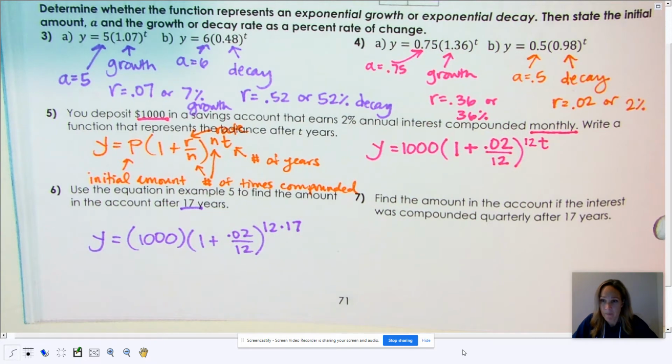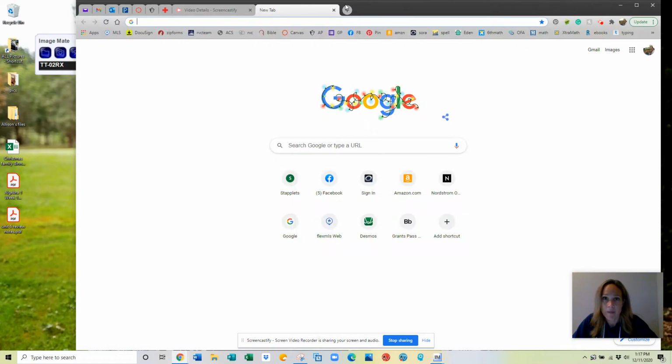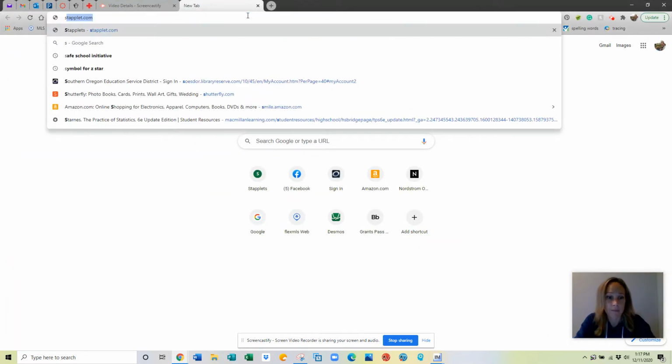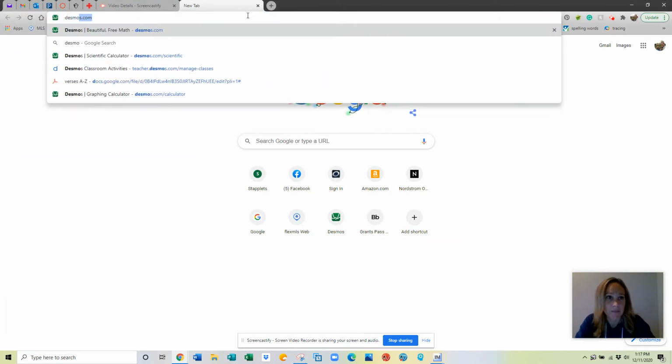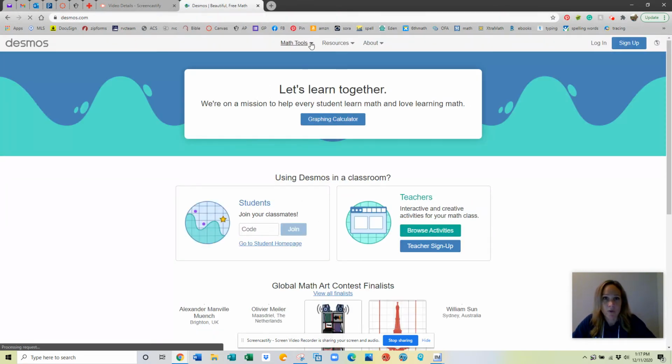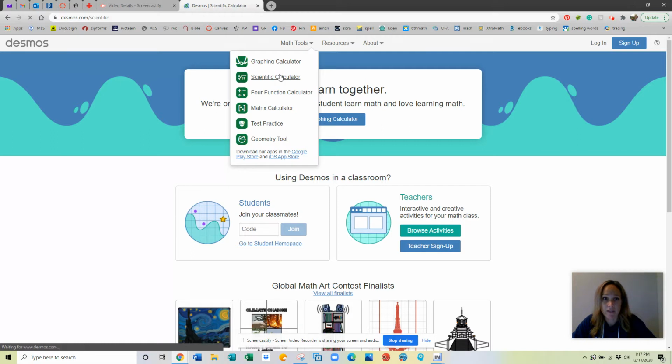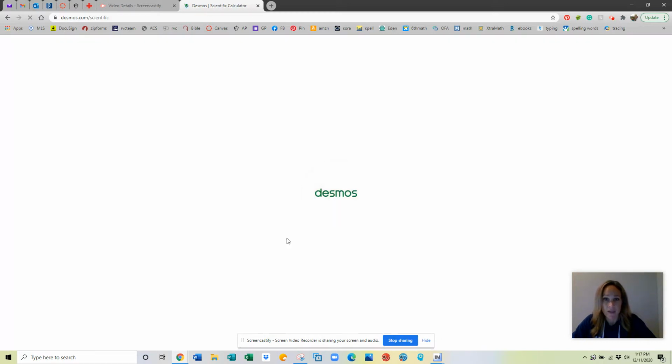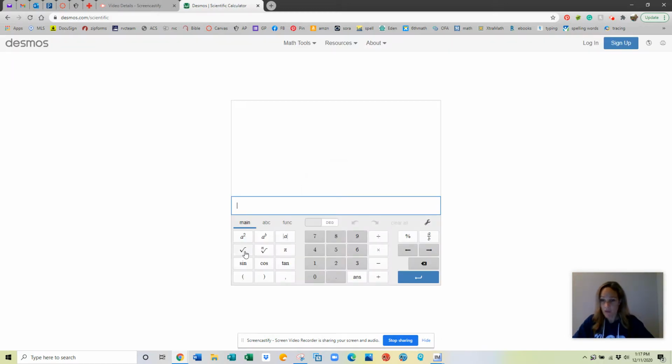So I'm in a new tab. I'm going to go to Desmos.com, and I am going to go to the scientific calculator. And we're going to start plugging those values in.